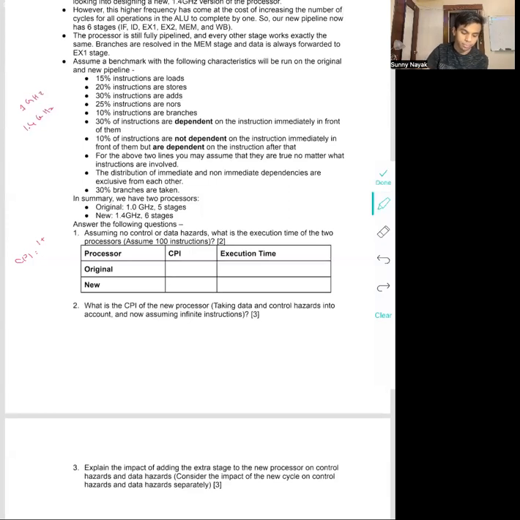So it's going to be 1 plus the number of stages minus 1, divided by the number of instructions, because I'm only going to have those 4 cycles, in the case of a 5-stage processor, once. It's not going to be 4 cycles every time. So I'm going to divide that by the total number of instructions.